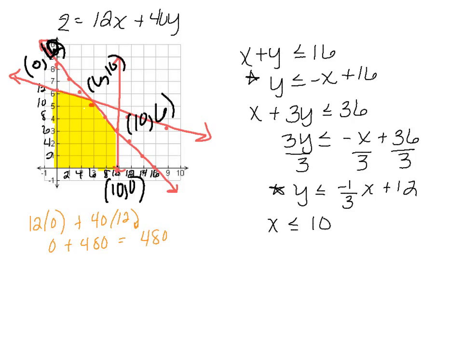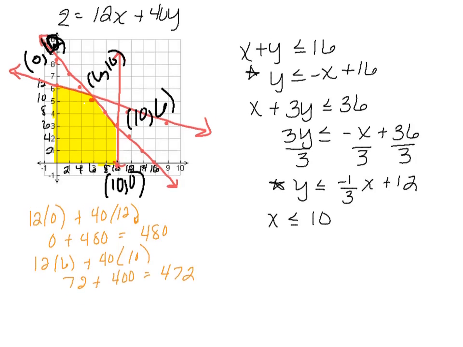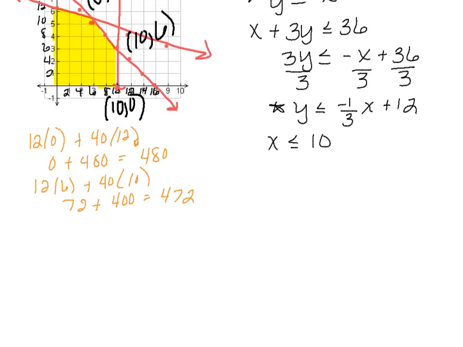Let's continue on. Let's do 12 times 6 plus 40 times 10. So 72 plus 400 equals 472. So not quite as much as the other one. Let's do 10 and 6.